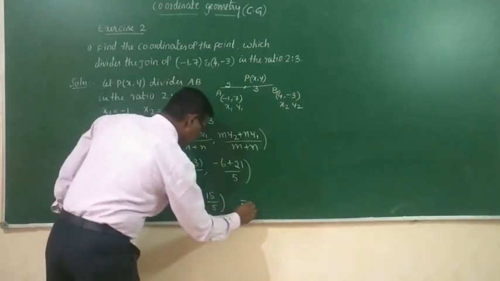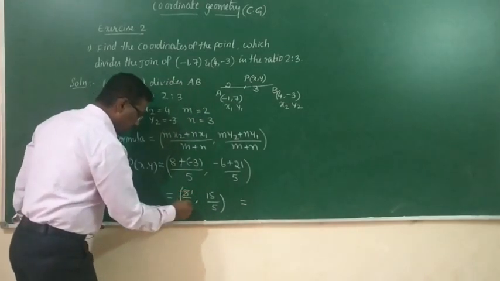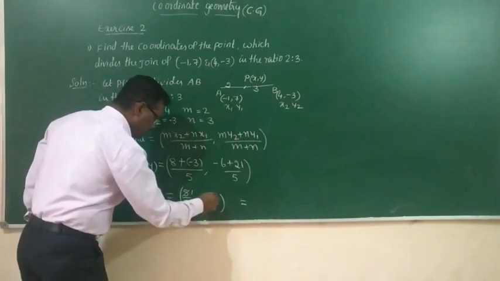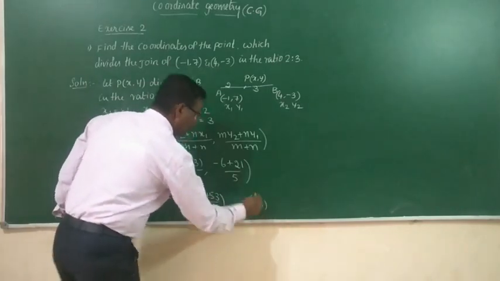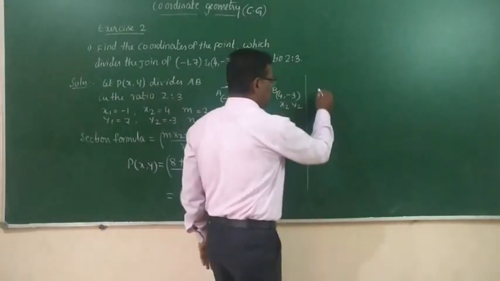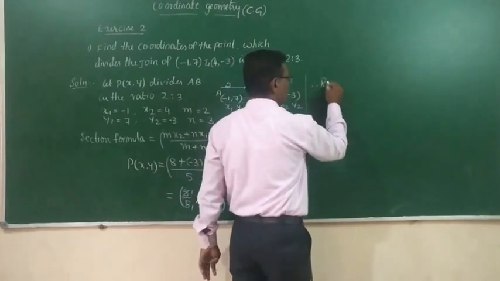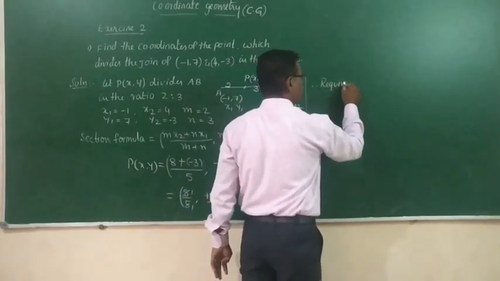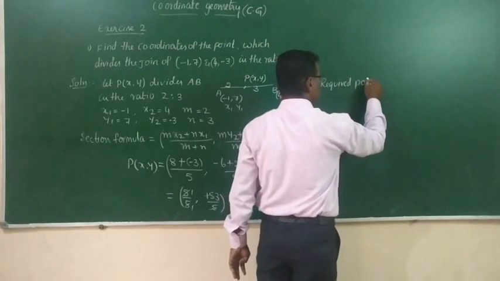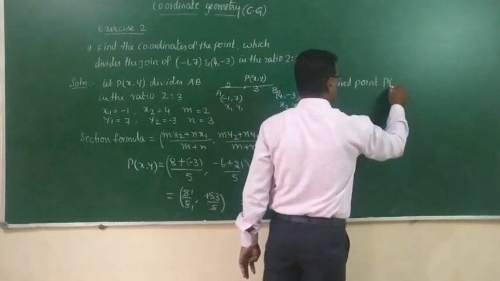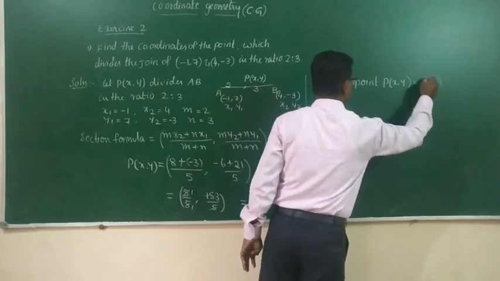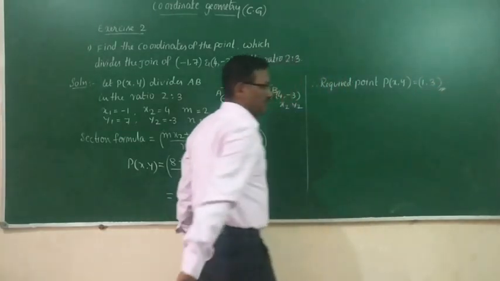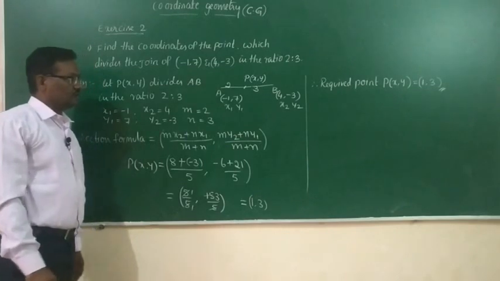That is equal to, cancellation, 5 1s are 5, 5 3s are 15. Therefore 1 comma 3. Therefore the required point P of x comma y will be 1 comma 3. So this is the way we have to find out.